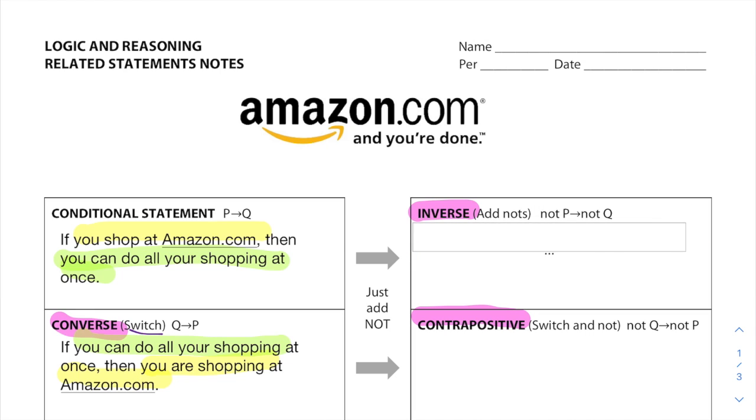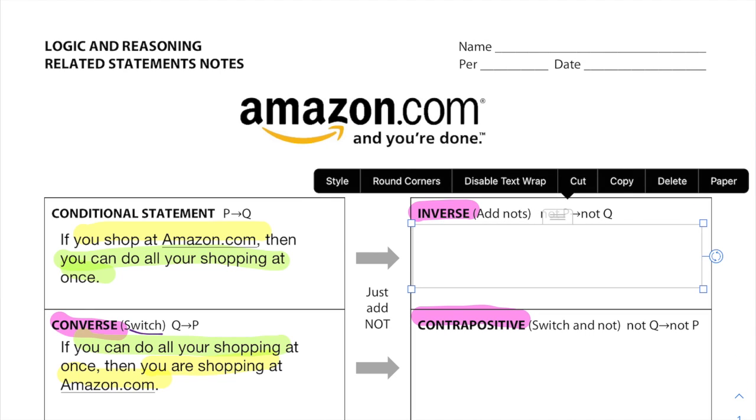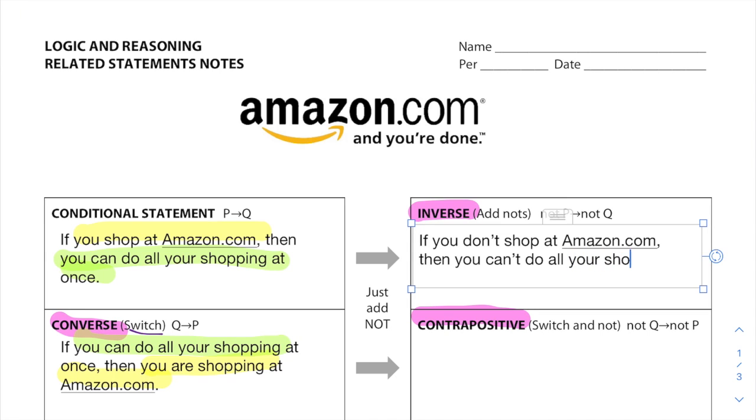Okay, the next one is inverse. Inverse is where I'm going to add nots, but I'm going to keep the same order of the conditional statement. So I'm going to keep the Amazon part first, then I'm going to add a not. If you do not, or I'm just going to write don't, shop at Amazon.com, then you can't do all your shopping at once.